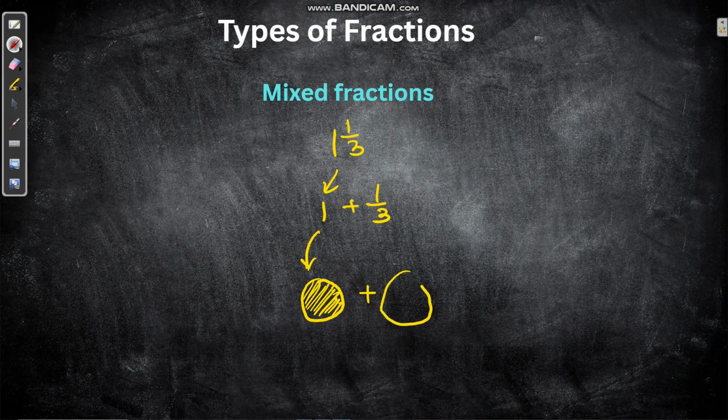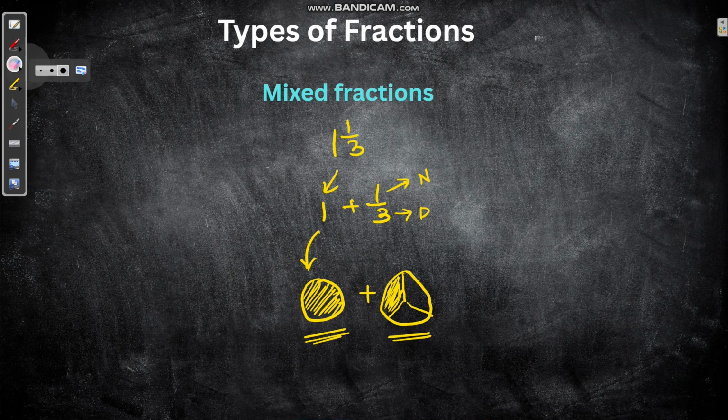So I'll draw this circle. I'll have 3 equal parts of this circle because my denominator is 3. I have to shade one part because that's my numerator. So the meaning of 1 by 3 is this. So 1 whole and 1 part out of 3 equal parts.